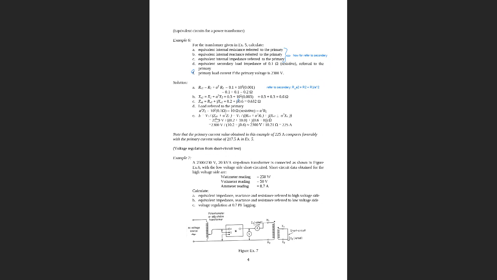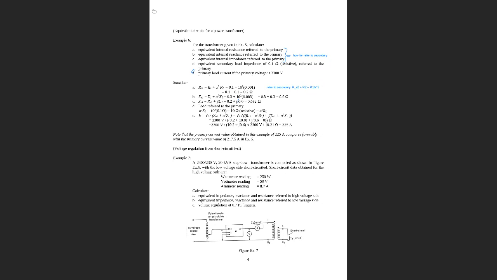And the internal impedance of the transformer, from part C referred to the primary, is 0.632 ohms with its impedance angle. So when referred to the primary, the total voltage at the primary is 2,300 volts, which is fixed. The input current I1 equals V1 over the total impedance referred to the primary.